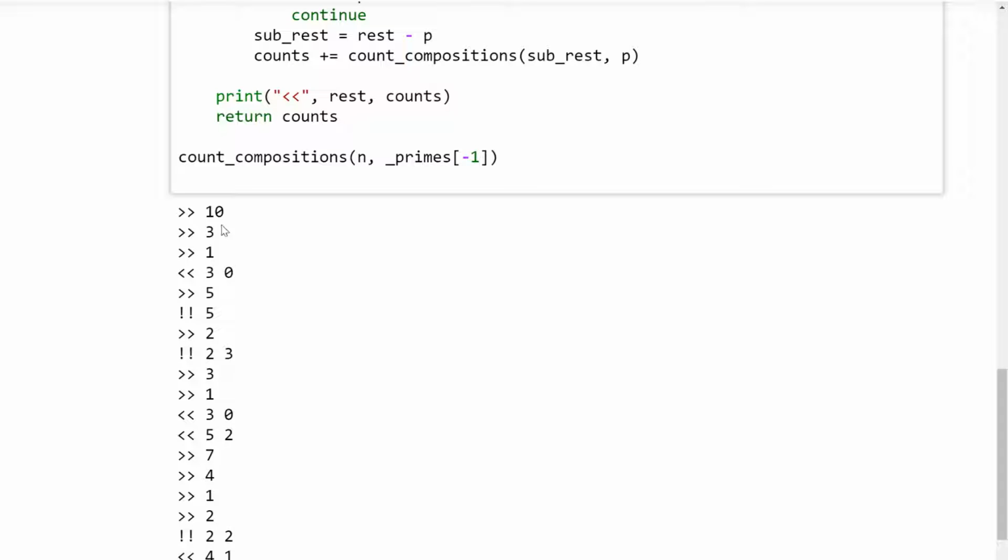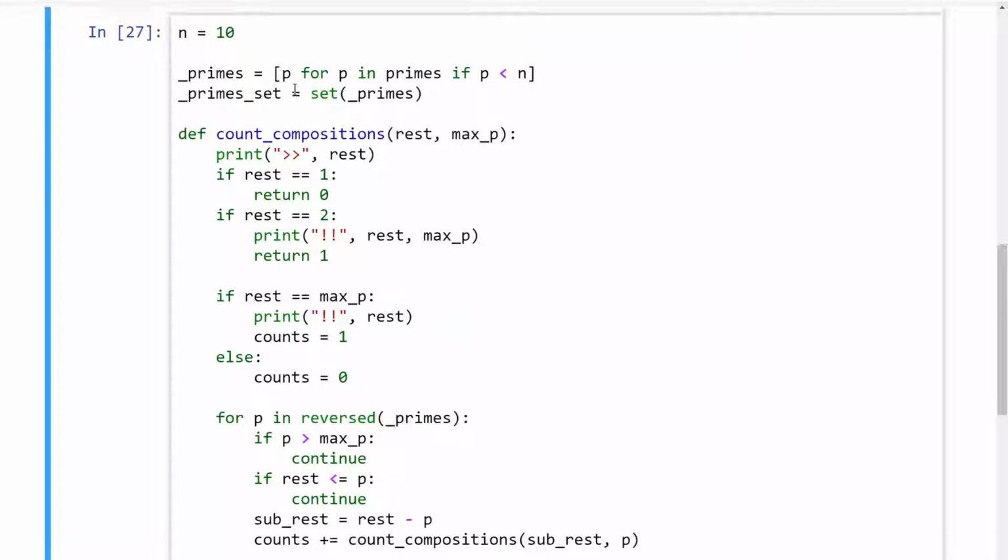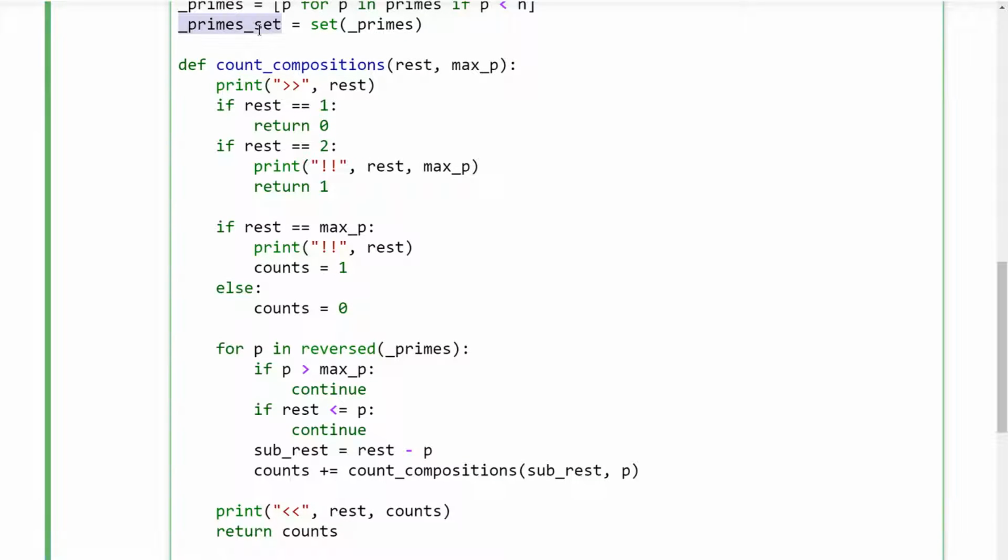Let's see. Right, we go down all the way to 1 and we don't count for 1. So for 3, we count 0. If rest equals max p, well, max p is 7, so that is wrong. So I guess this is if rest in prime set.